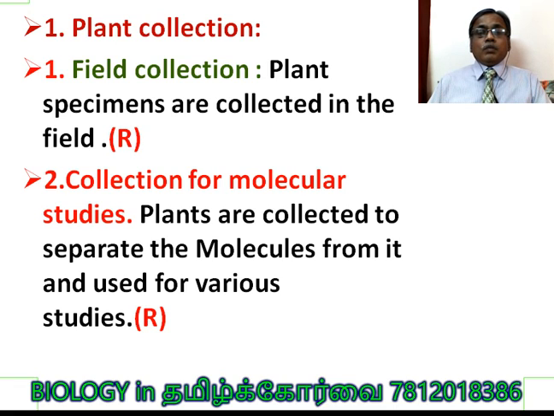And also make it very clear, the DNA, RNA and proteins, these molecules are very important for classification. According to the phylogenetic principle, phylogenetic relationships can be established with the help of molecules. So the molecular separation should be done, and the collection should be made. That is called collection for molecular studies.